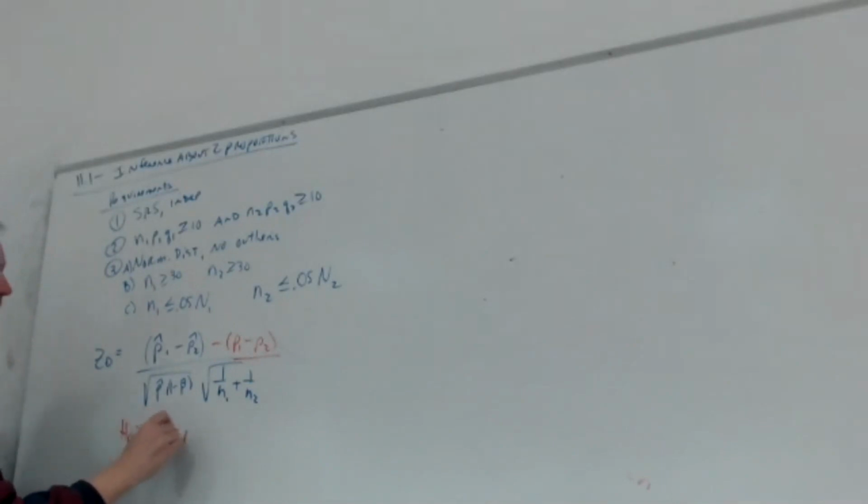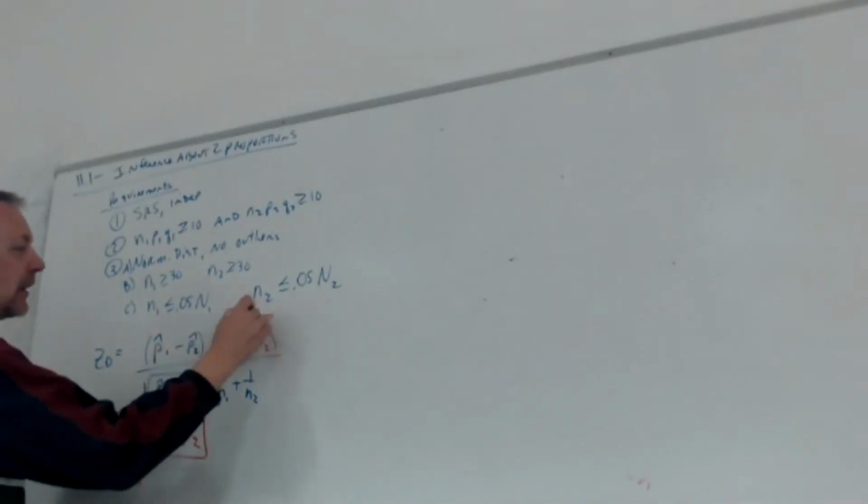So p1 equals p2. Your alternative can be whatever the alternative is. I'm not going to write that down. But the fact of the matter is, under the null hypothesis, if p1 equals p2, if you subtract them, what does that equal? 0. That's always going to be 0. Which is why I didn't really put it in my equation, because it's always going to be 0.